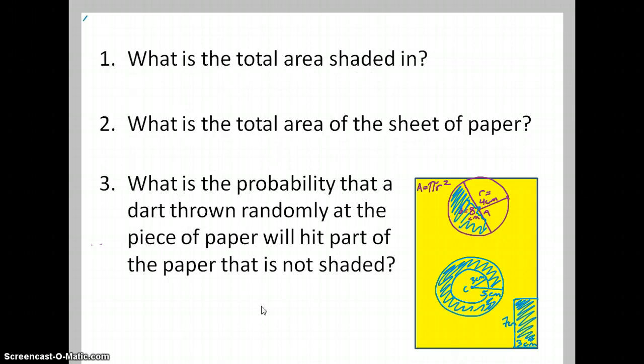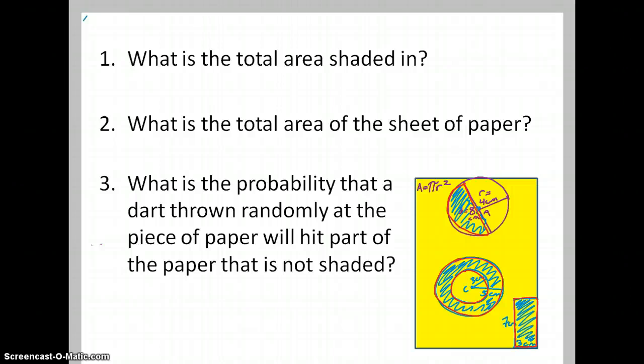Okay, then we're asked what is the total area shaded in, so you would need to calculate this area here, all of the shaded area between these two circles, and of course this rectangle here, and you'll want to sum those areas, those three shaded areas, to get your total area shaded.